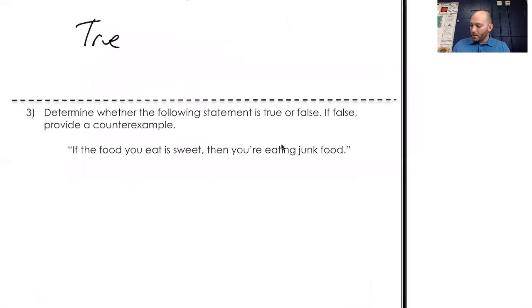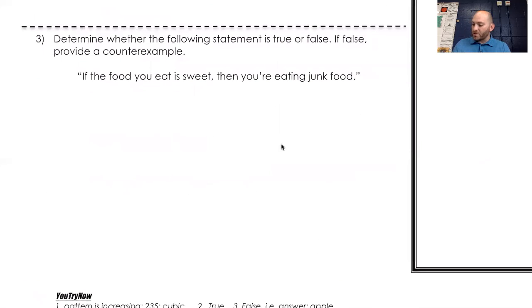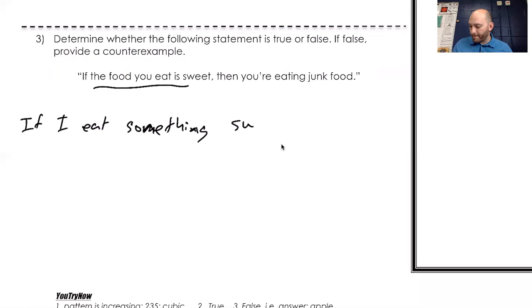All right. Determine whether the following statement is true or false. If the food you eat is sweet, then you are eating junk food. So we want to come up with a counterexample. Let's try to say this. If I eat something sweet, I can eat... So I'm trying to figure out something that's true for the first half, eating something sweet, but false for the second half.